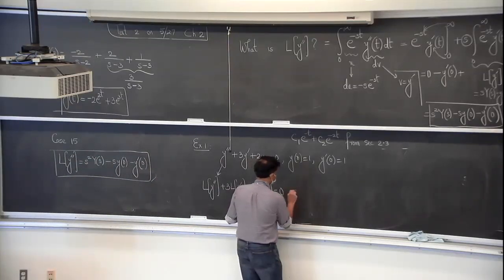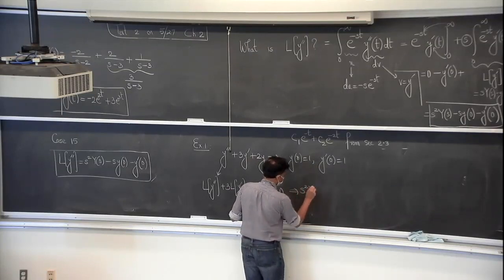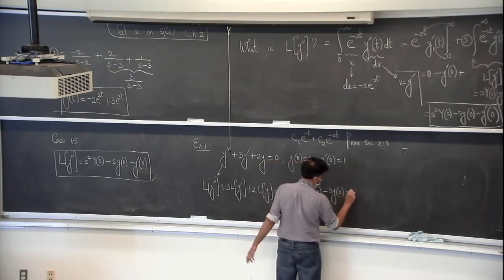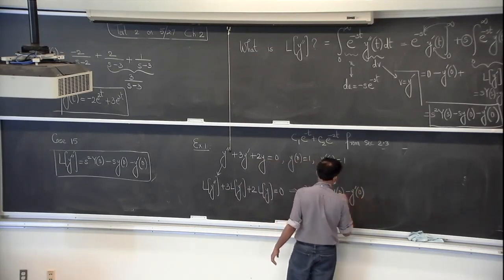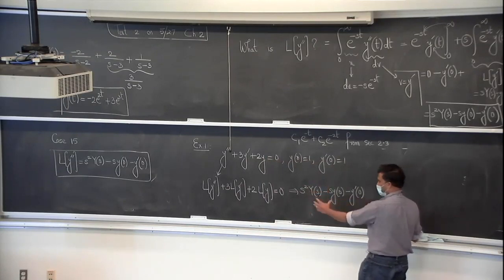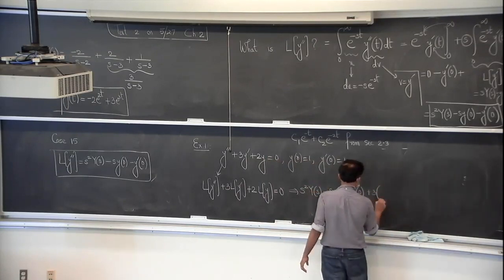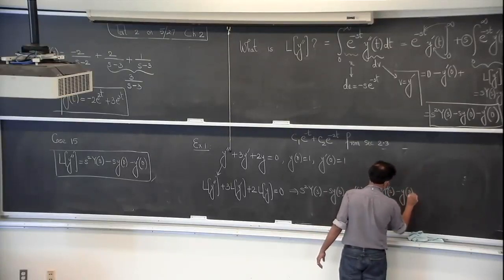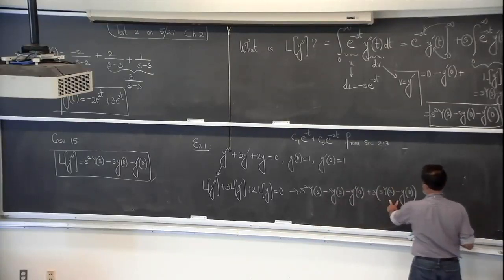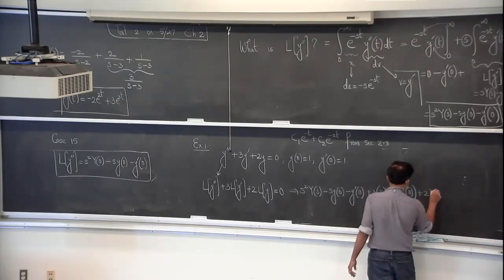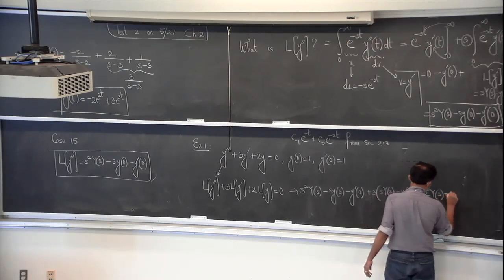So it's s square y of s minus sy of 0 minus y prime of 0, that is the entire L of y double prime, plus 3 times sy of s minus y of 0, that is the Laplace of y prime, case 14, plus 2y of s equals 0.